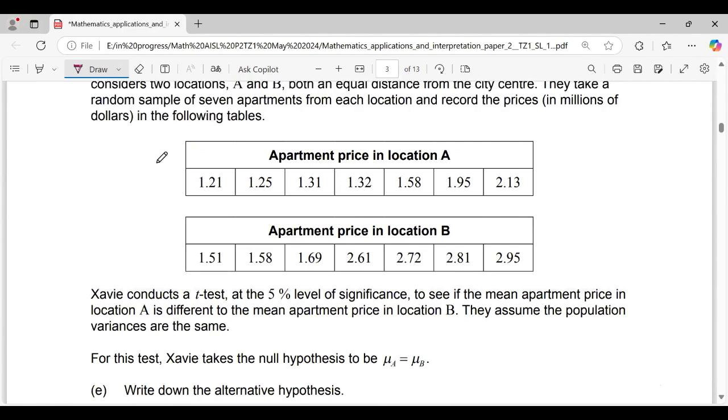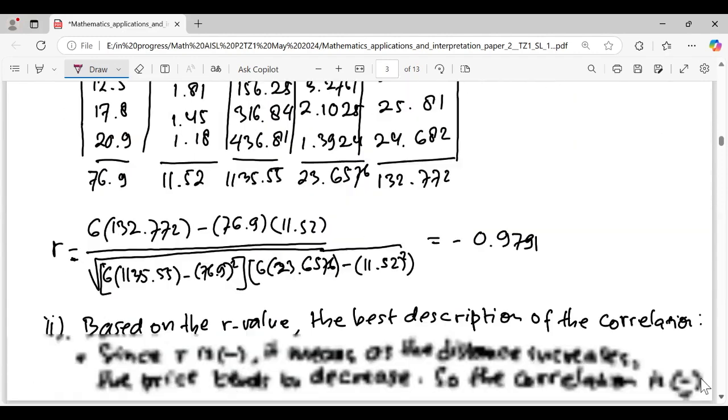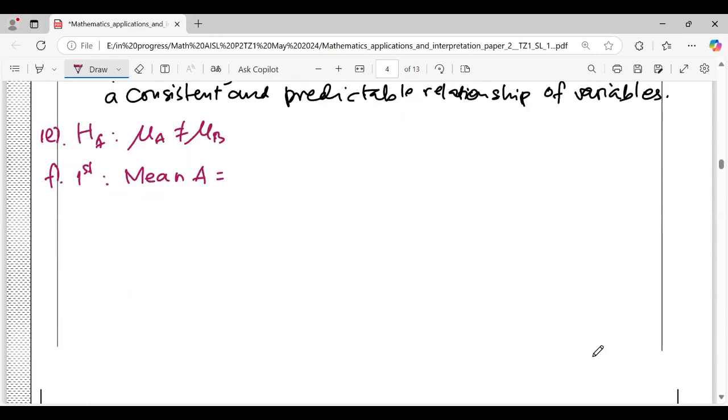Mean A is 1.21 plus 1.25 plus 1.31 plus 1.32 plus 1.58 plus 1.95 plus 1 plus 2.13, divided by 7. So the result, mean A is 1.535714.